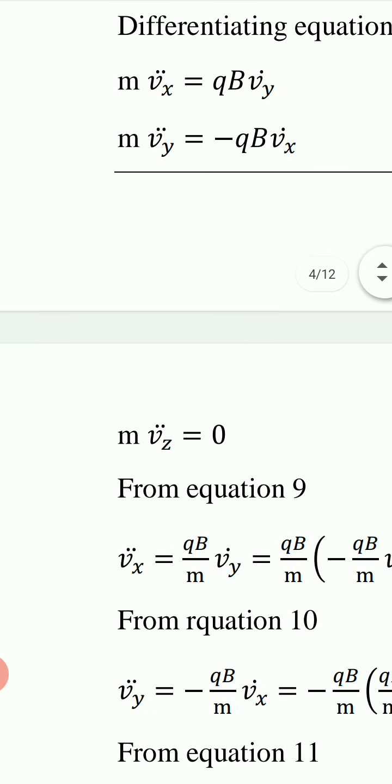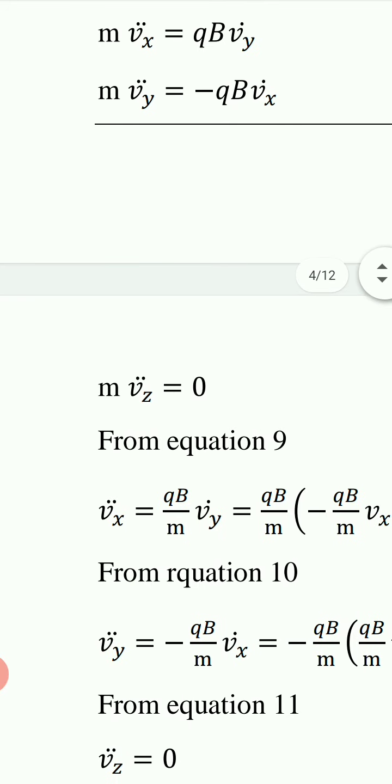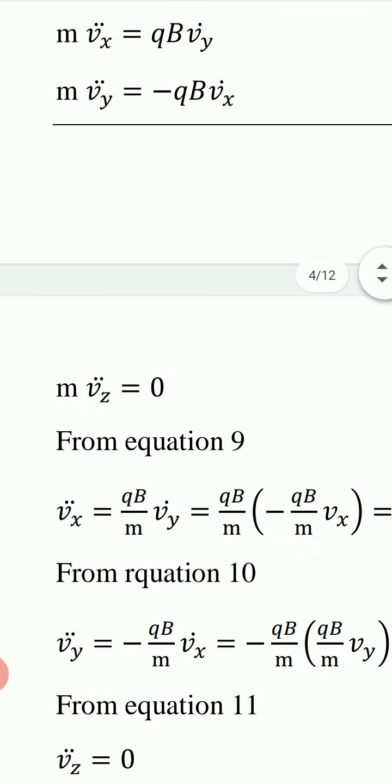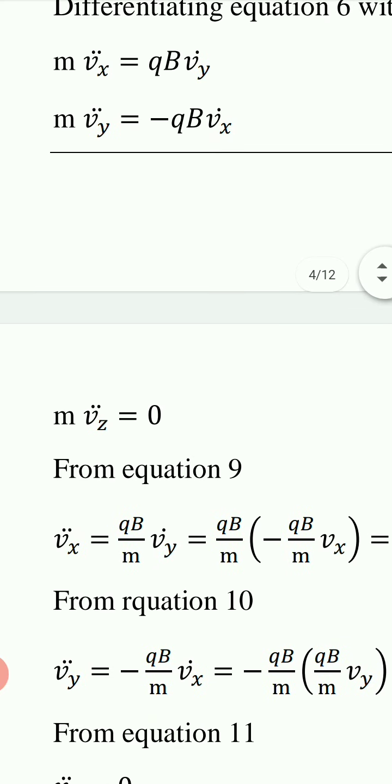From this equation 9 we write vx double dot equal to q b upon m vy dot, bringing m to the right hand side. So vx double dot is equal to q b upon m vy dot, and we put in the value of vy dot.